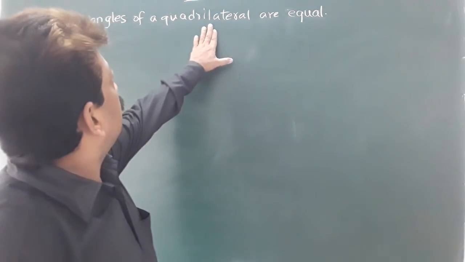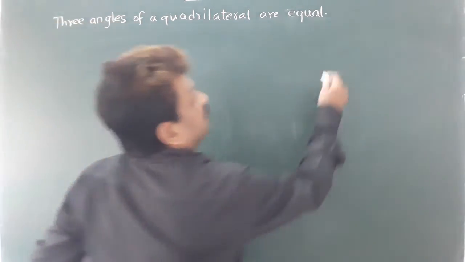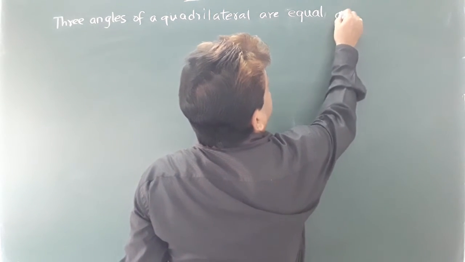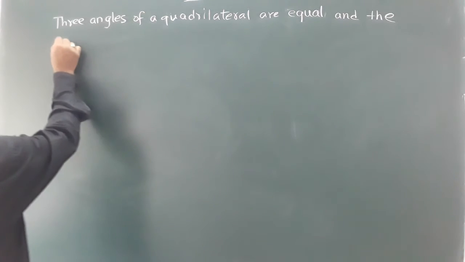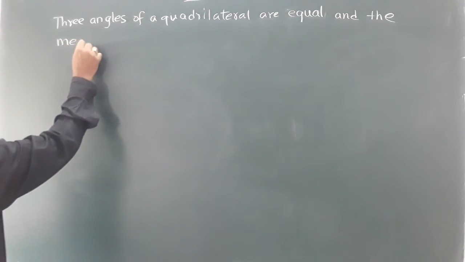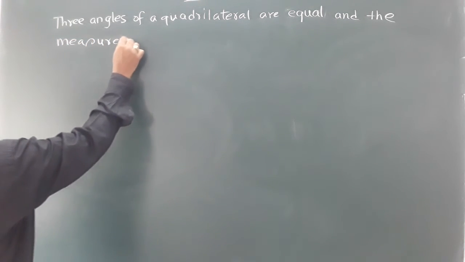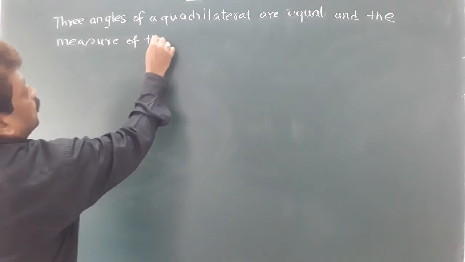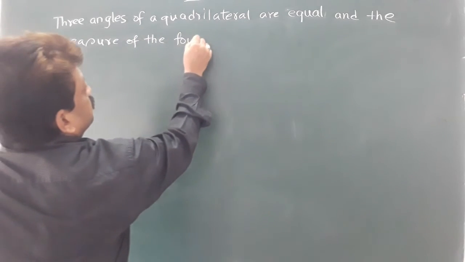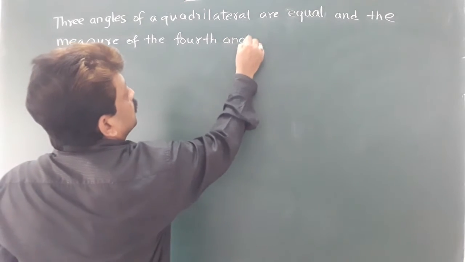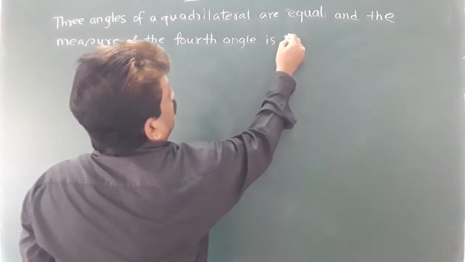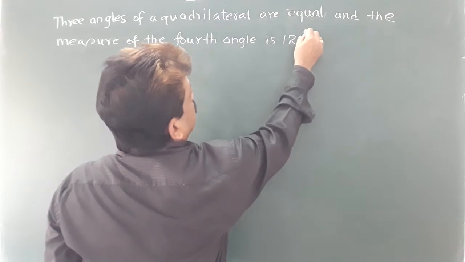Three angles of a quadrilateral are equal and the measure of the fourth angle is 120 degrees.